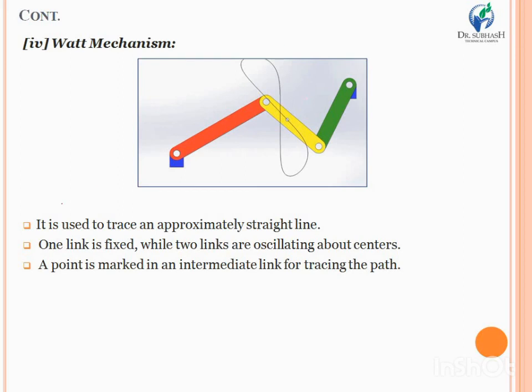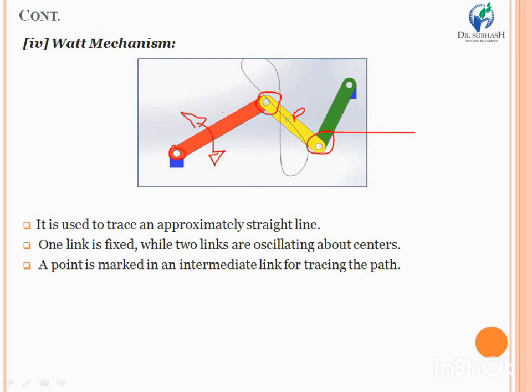You are given 3 links which are connected with a common point P with each other, and if you apply a rotational motion to the input link in any direction, either clockwise or anti-clockwise, this link will rotate.